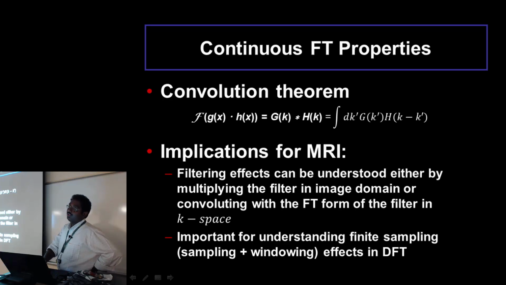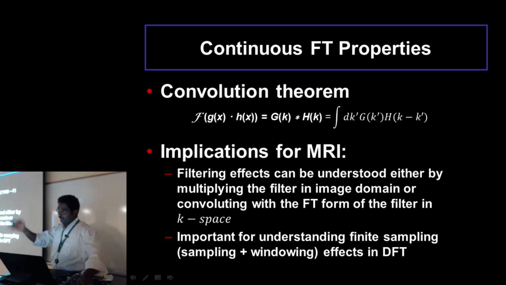To understand that, which is basically a product of 2 functions in the sample domain, the Fourier domain, you can analyze it either in the Fourier domain in terms of the product, or you transform it into the image space and then do convolution to understand its effects. You will also see that we will be using this when we try to understand the effects of finite sampling and windowing.